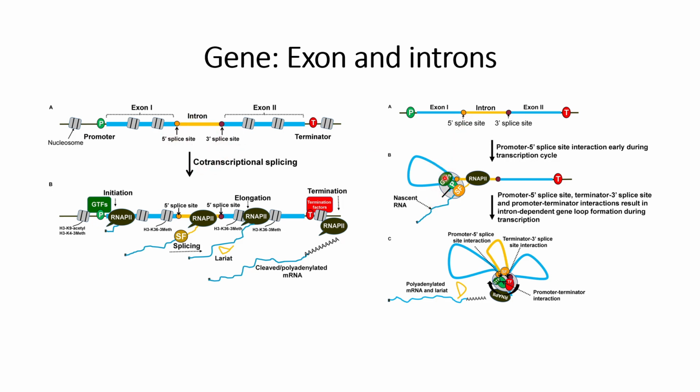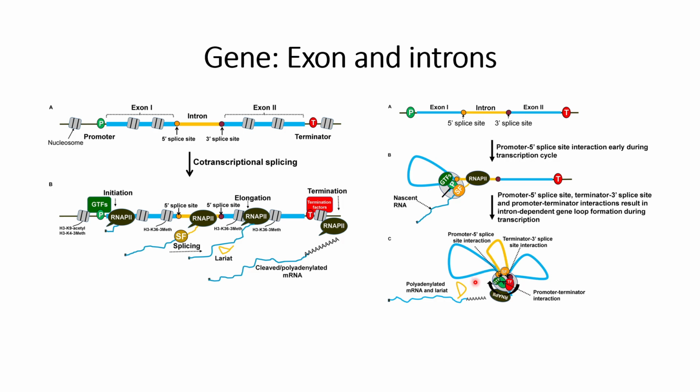This helps in the formation of this loop, and at the same time it also helps in bringing together the promoter and the termination, so that they can help each other in forming the final functional native structure.